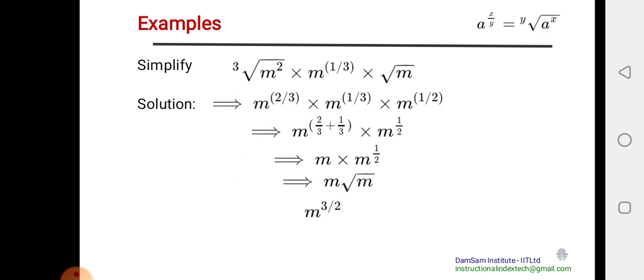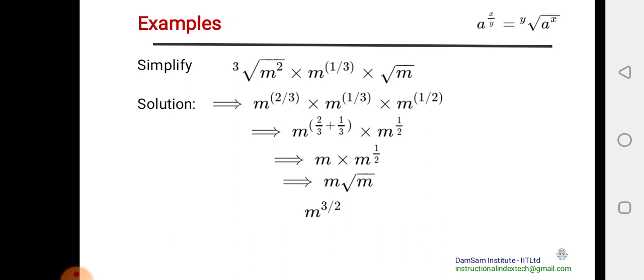Let us take a look at the next example. As it is, a raised to power x over y is equal to the yth root of a raised to power x. Please take a careful look at this example. The question is asking us to simplify cube root of m raised to power 2, times m raised to power 1 over 3, times root m.